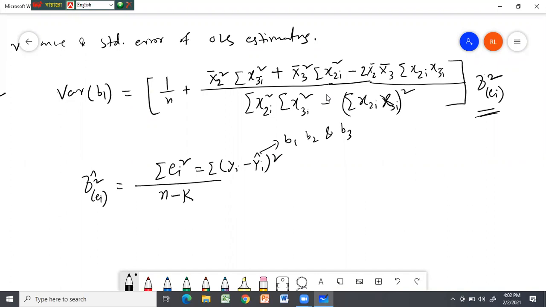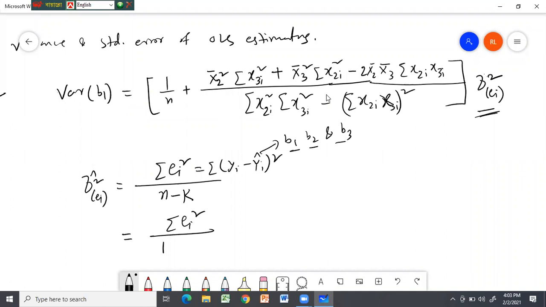That is why we lose 3 degrees of freedom while calculating the error variance, and k will be 3. Here it would be n minus k, where n is the number of observations and k is the number of explanatory variables including the intercept term. So the sum of e_i square divided by n minus k: here the total number of observations is 15.